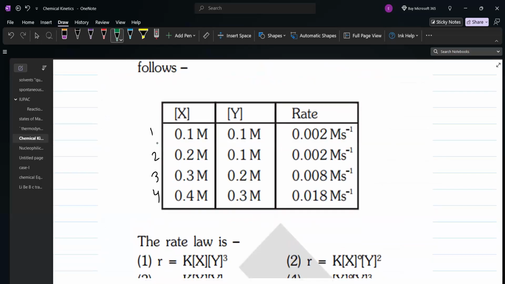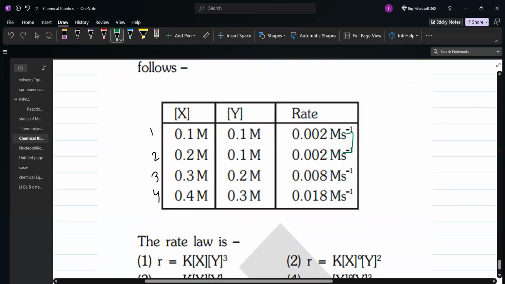No problem. See, the rate of reaction, we are choosing this one first. You can choose anything, but we are choosing it first because the rate of reaction is not changing with the change in the concentration of X. So what do you think, Rishita?